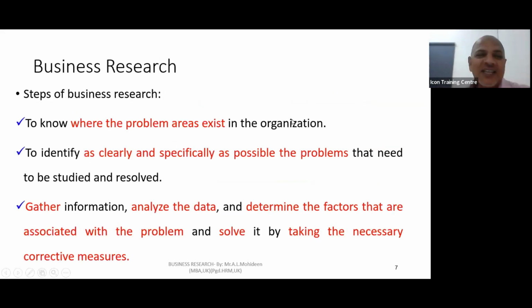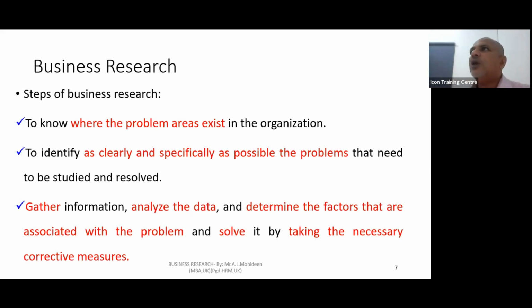It's really interesting. Steps of business research. First, know where the problem area exists in the organization: HR department, finance department, marketing department, operations department, what department? So first you have to take that area where the problem exists. Identify clearly and specifically a possible problem that needs to be studied and resolved.